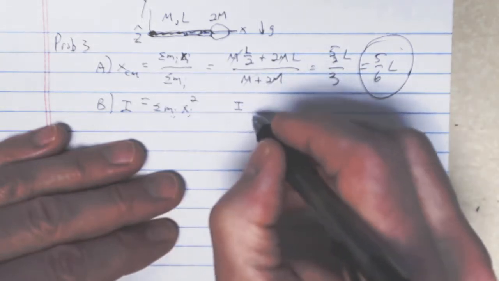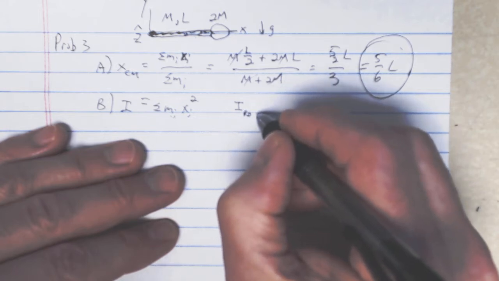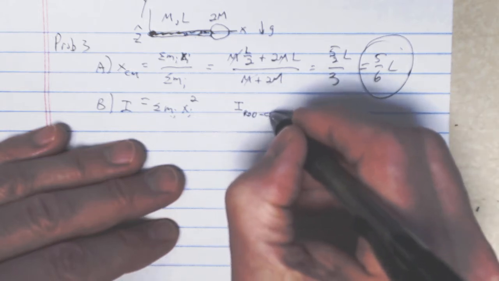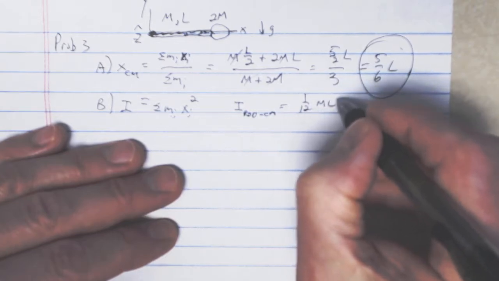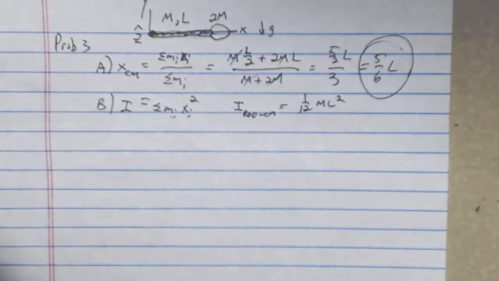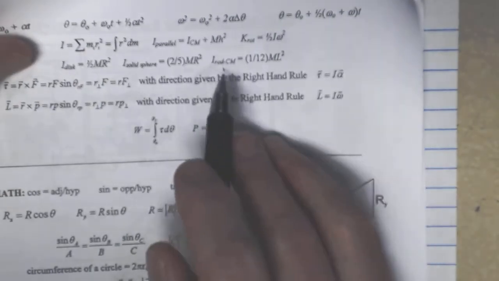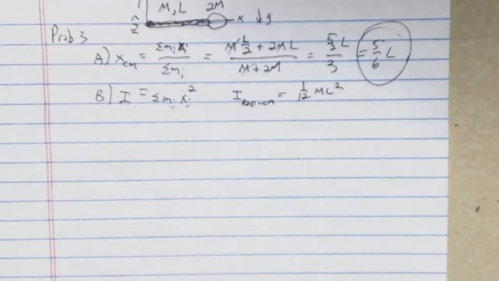Well, you should remember doing this in class. What we actually did originally was the moment of inertia of a rod about its center of mass, and found it's 1/12 mL squared. The reason you can write this down on the exam, rather than try to calculate from scratch, breaking this up into equivalent point particles, etc., is it's given to you on the exam formula sheet, 1/12 mL squared.